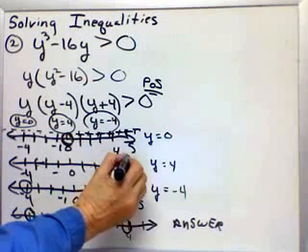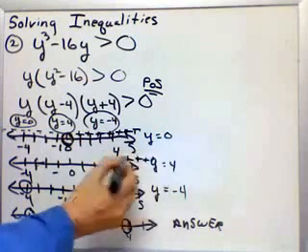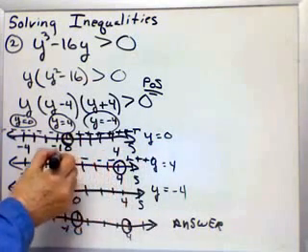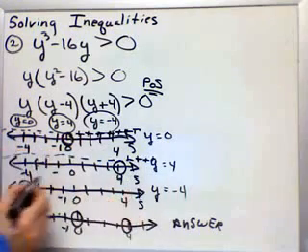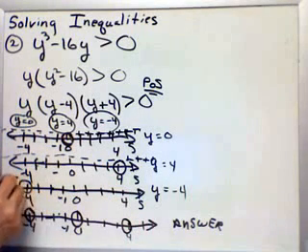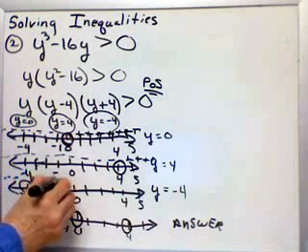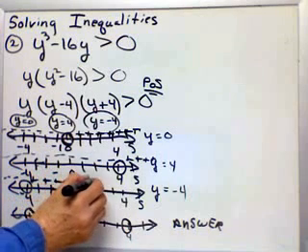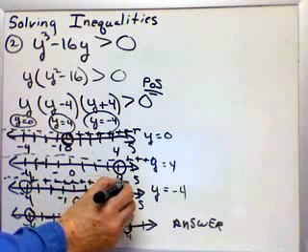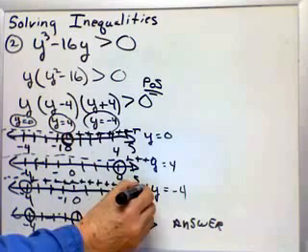Okay, here, pluses, minus, all the way down here. Okay, on this one, minuses over here, then pluses all the way past all those circles.